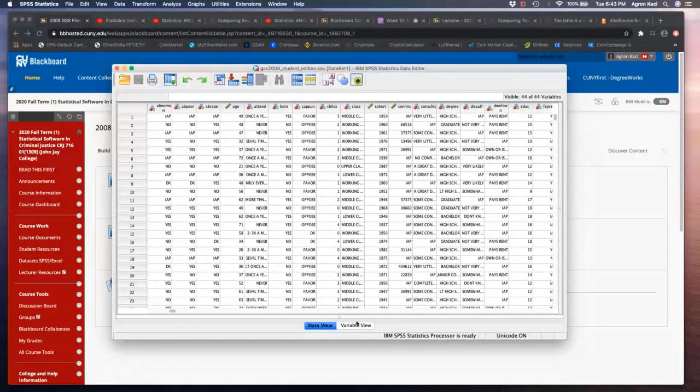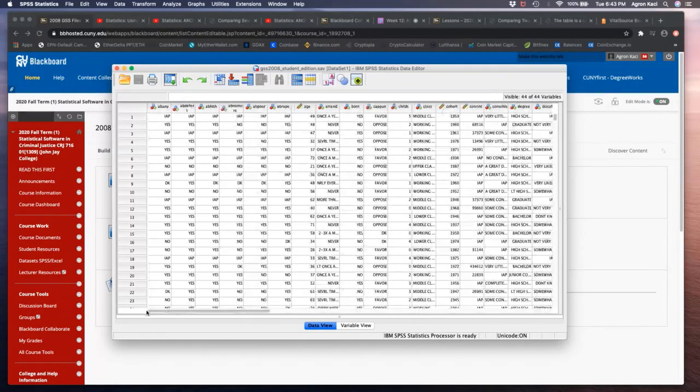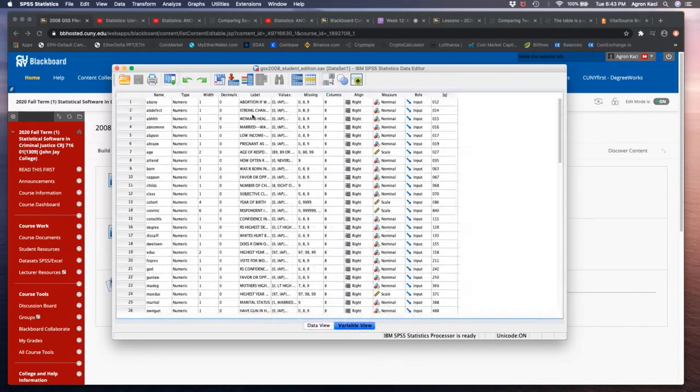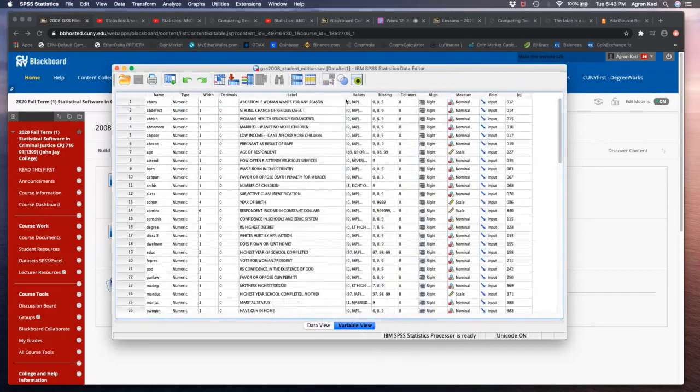Okay, in Student Edition, go ahead, I'll wait. You have a lot of variables that have yes or no, and a lot of those have to do with abortion for any reason, abortion for defect. If you want to figure out what they mean, you have to go to the label.